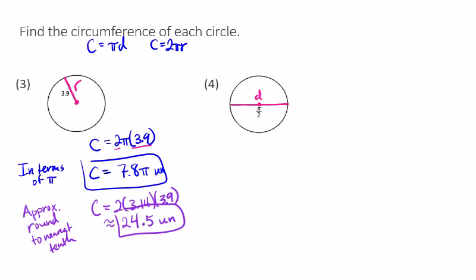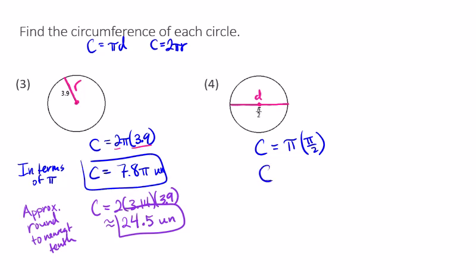Number 4, we're given the diameter. So we're going to use this formula. I'm just going to say C equals pi times pi over 2, right? By the way, if they don't specify, if it doesn't say in terms of pi or approximate, keep it exact. This is kind of the default, keep it in terms of pi.